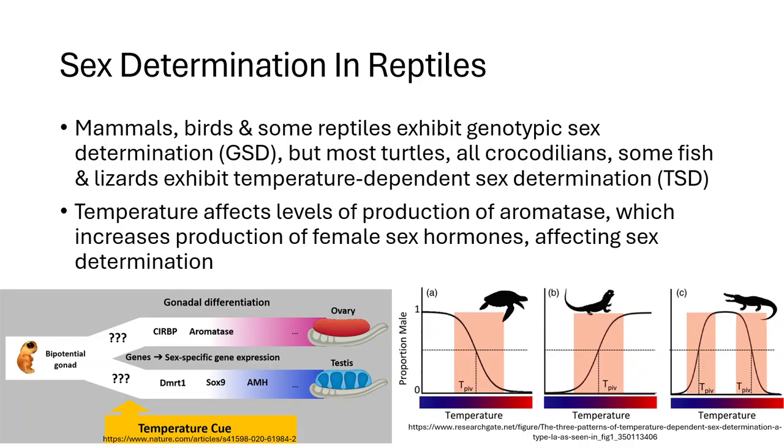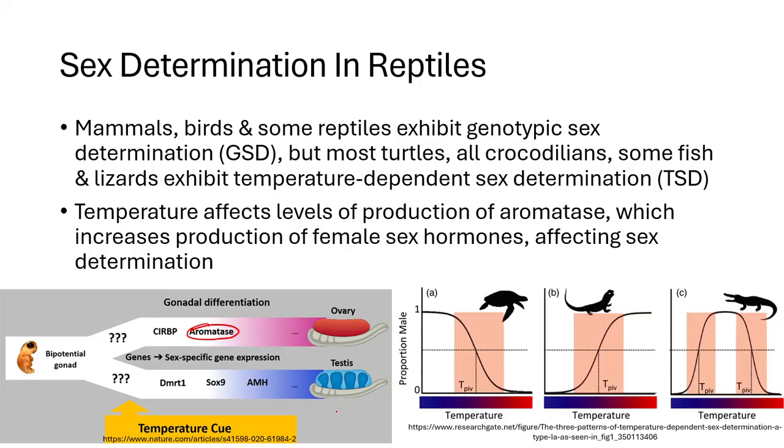But what ends up happening is, let's say that you are a turtle embryo and you're developing. Well, at a certain point in development, you have the potential to become either male or female, depending on the temperature of the environment that you're in. You're either going to express this one gene which produces a protein called aromatase.